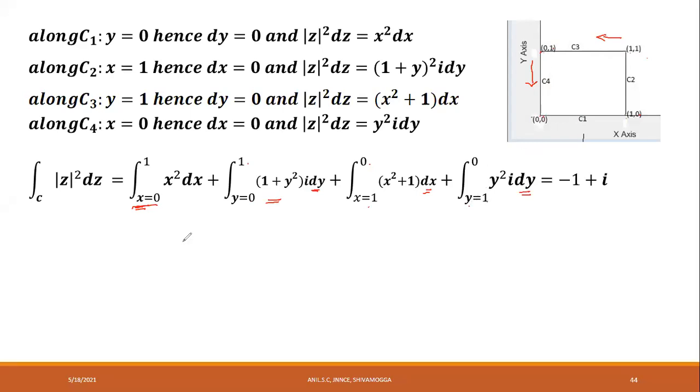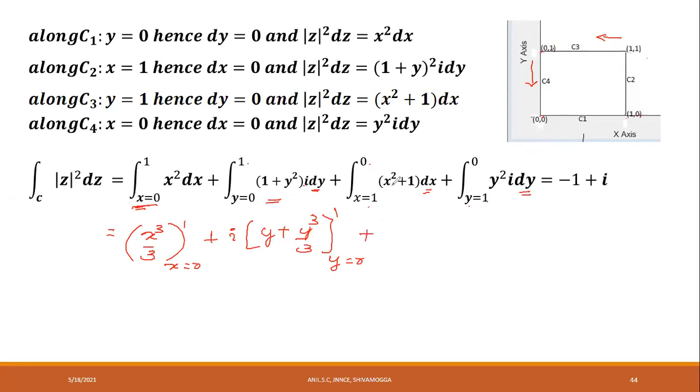The rest is very simple. Integral of x square is x cube divided by 3, limits from x is equal to 0 to 1. Plus i into the integral of 1 with respect to y, which is y, plus y cube divided by 3, limits from 0 to 1.